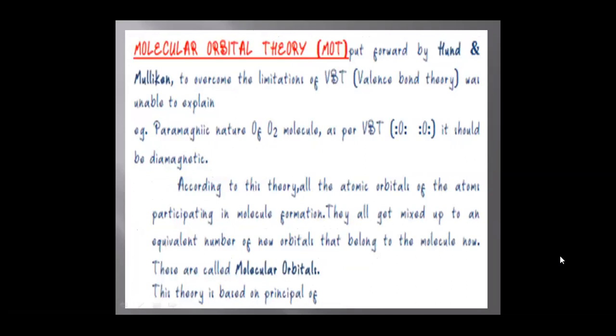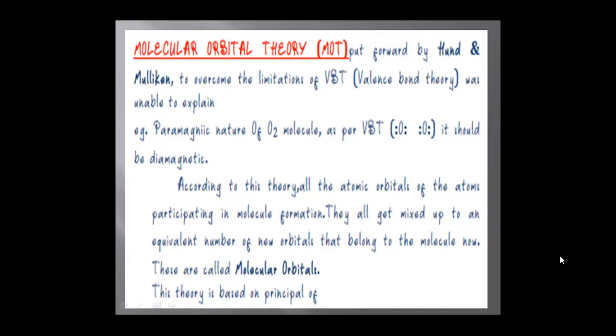Molecular orbital theory was put forward by Hund and Mulliken to overcome the limitations of VBT, which was unable to explain, for example, the paramagnetic nature of oxygen. According to this theory, all the atomic orbitals of the atoms participating in molecule formation get mixed up to form an equivalent number of new orbitals that belong to the molecular axis.